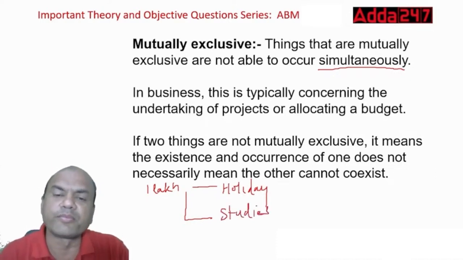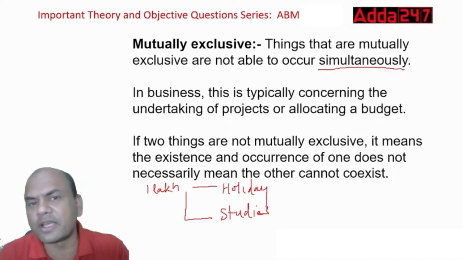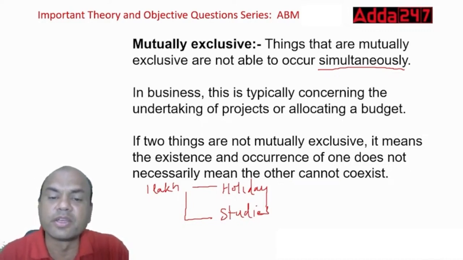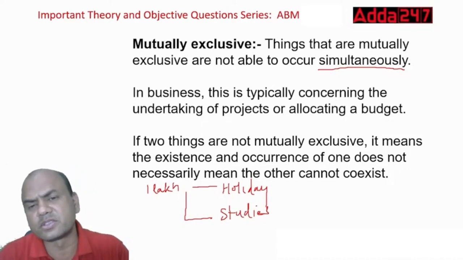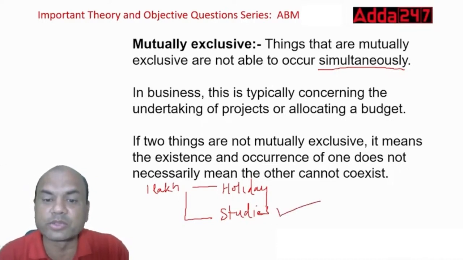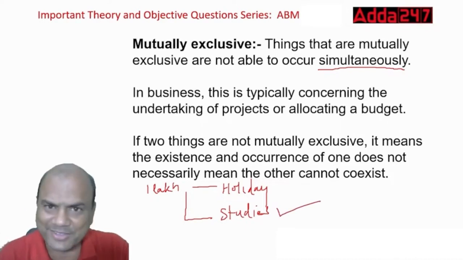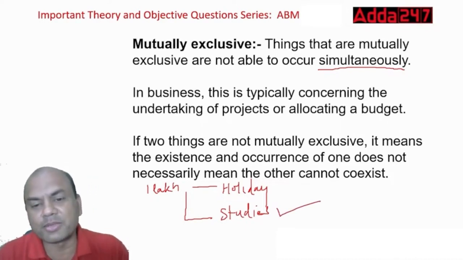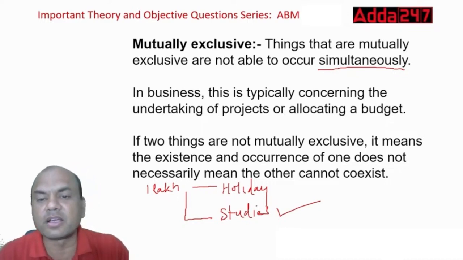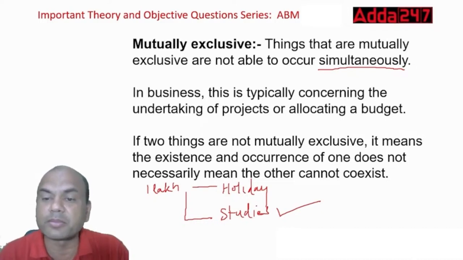So where will you go? Both the things can't happen, right? Either you can have the cake in your hand or you can eat it. So this is known as exclusive. You'll have to select one of these. Definitely you'll select the studies. Of course, there might be someone who says holidays, holidays, jokes apart, but studies is the main part, right? So in business, it is typically concerning the undertaking of projects and allocating the budget.